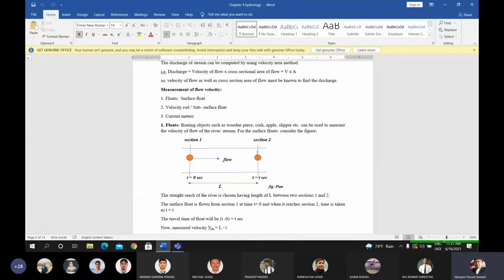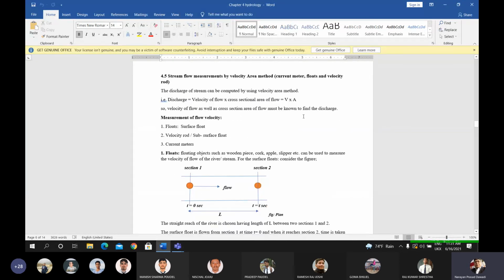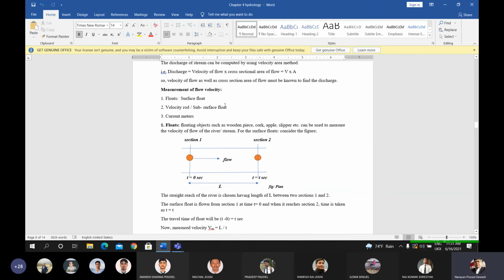Okay, you can do it in this way also, but according to the syllabus, the current meter, float, and the velocity rod are mentioned here. I have done with this. The float means the floating object. That floating object may be used to flow from one section to another section, and during that flow the time is recorded, and the distance between section 1 and section 2 is measured.